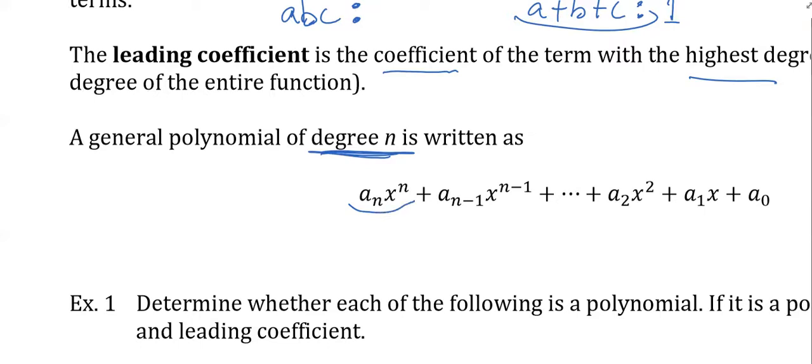So a_n, that's a subscript, because that's the coefficient of that term. Plus a_(n-1), the coefficient of the next term, x to the n minus 1, so that exponent's smaller than n, because I've taken away 1, plus dot, dot, dot, and then a_2 x squared, a_1 times x, and then the constant.